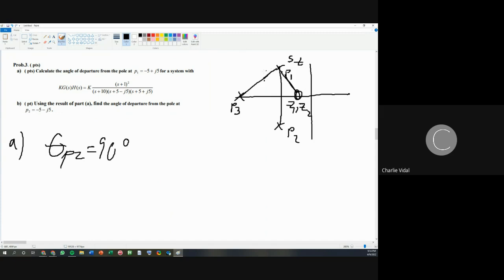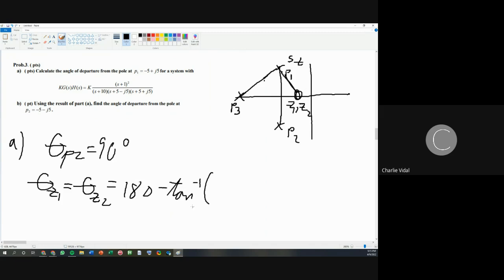Well, that's what's happening with the zeros right now. So we're going to say theta Z1, which is equal to theta Z2, is equal to 180 minus tan inverse of, and then we have to find what these values are.